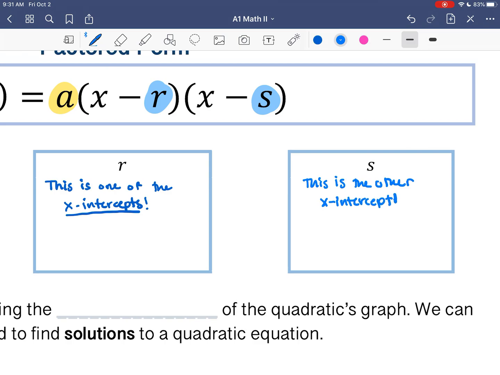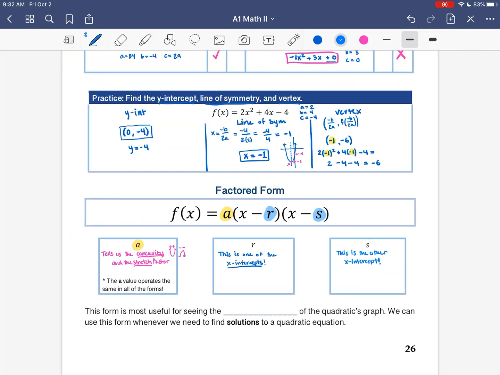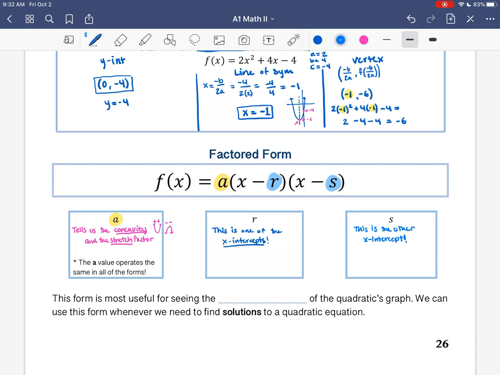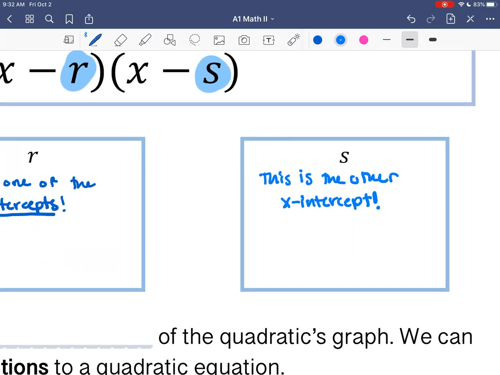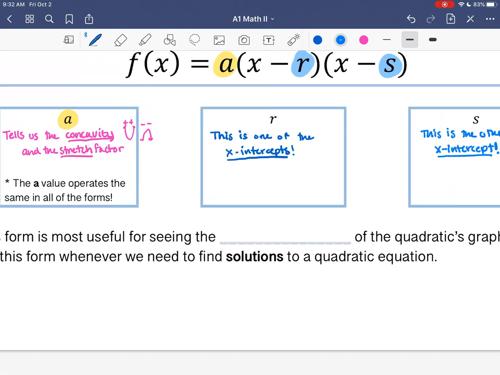Remember that parabolas have two x-intercepts most of the time. And so R and S are those two x-intercepts. If the function doesn't cross the x-axis, then this will look different. But most of the time we see things in this form, they will have x-intercepts, and that's how come we have an R and an S.